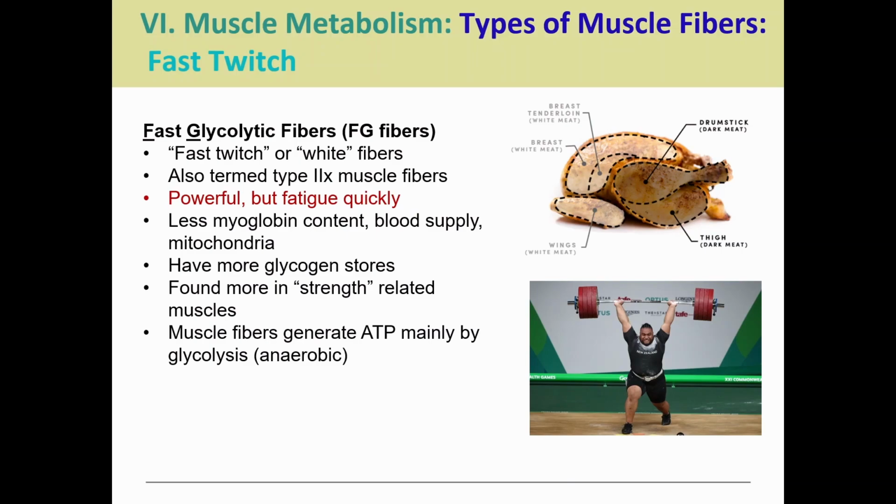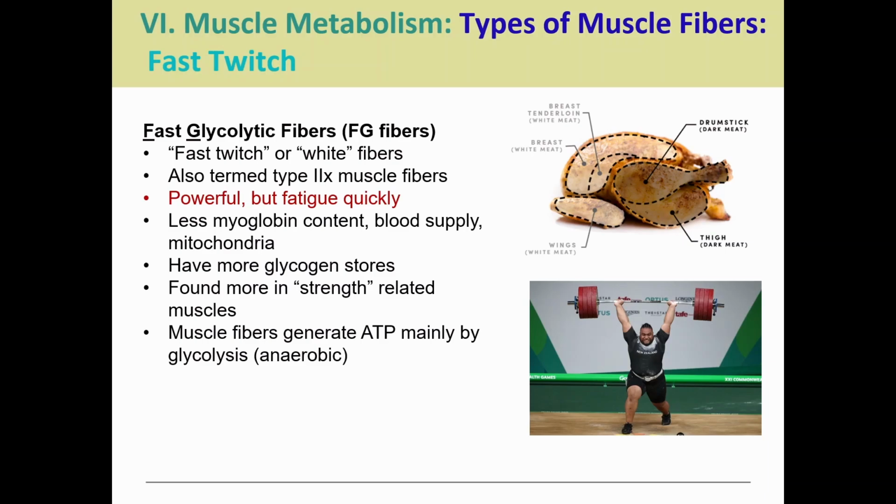Whereas the fast glycolytic fibers, the fast twitch or type 2, are very powerful. So if you're doing something quick and strong, like lifting a weight like this guy at the bottom here, or sprinting the 100-meter dash, they're very powerful, but they fatigue a lot faster, right? So more power, less sustained.